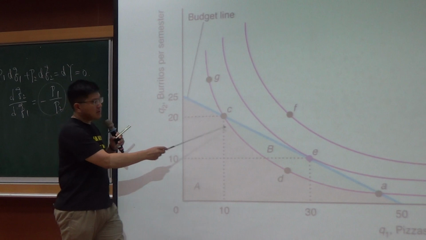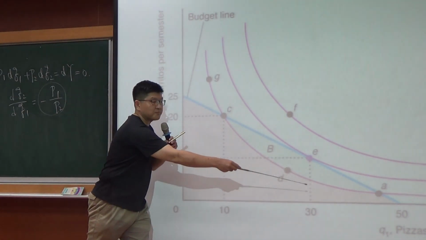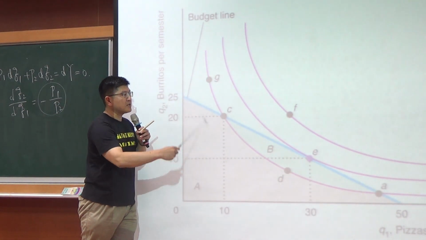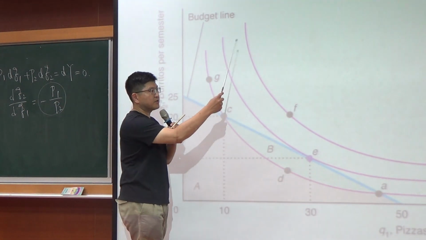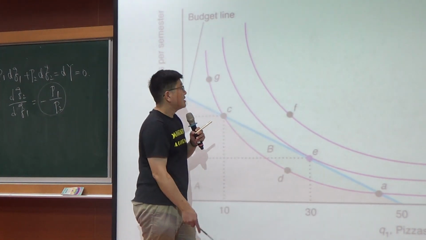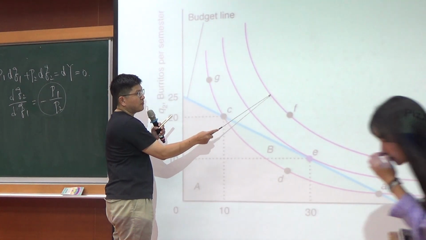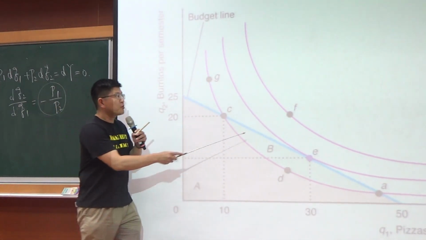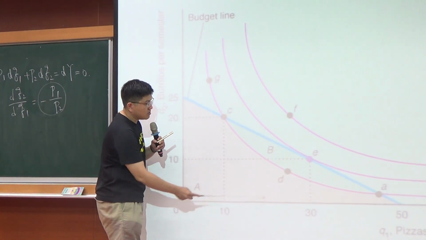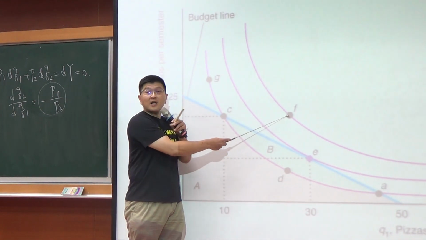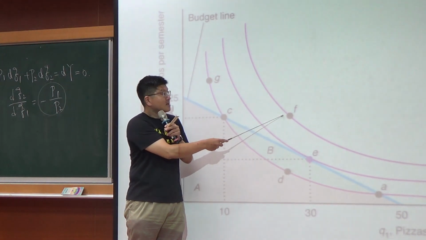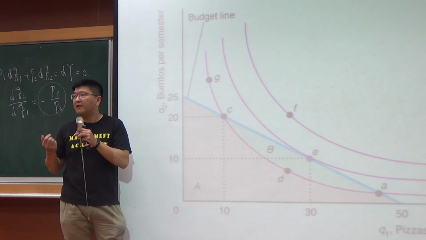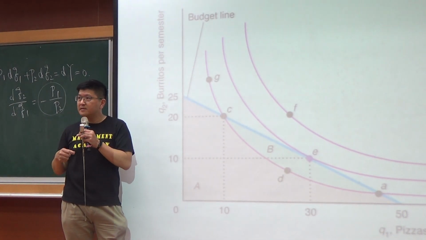So, given the budget set or the consumption set, we have infinitely many indifference curves, right? For points of this indifference curve, we prefer F to E to C to D, but we just cannot afford F. We cannot buy it because we do not have enough money. Is that clear?